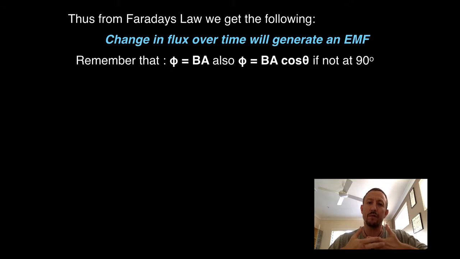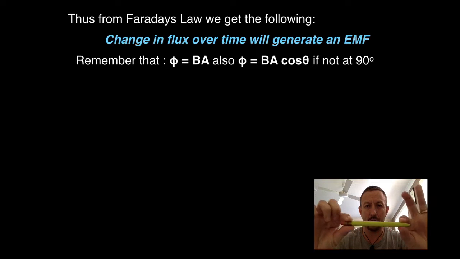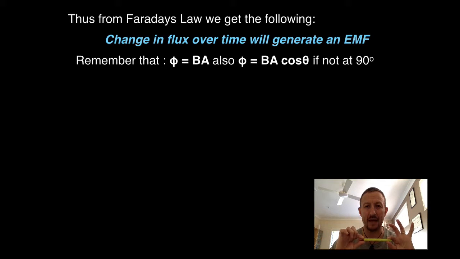So as we move from one field density to another field density within a certain amount of time, basically we've got an EMF. And that makes sense if you think about it, because it's the same sort of principle, but instead of talking about just moving our conductor through the magnet, we're working on the idea that the magnetic field is not uniform.